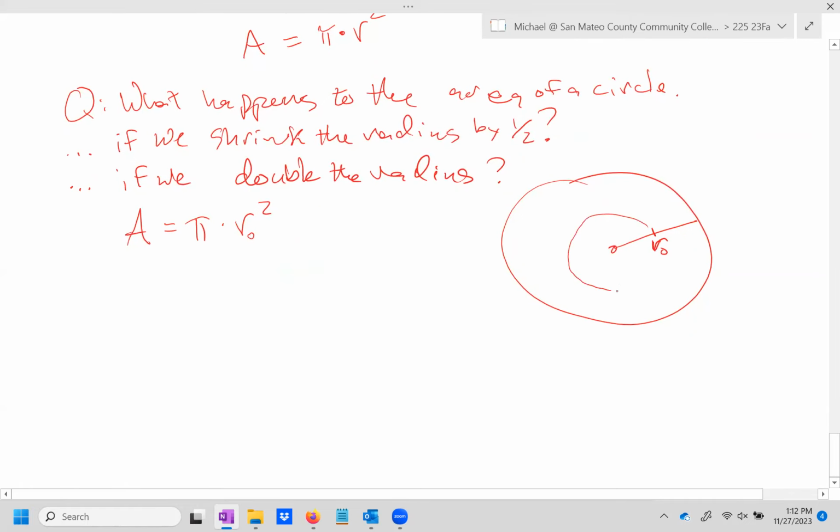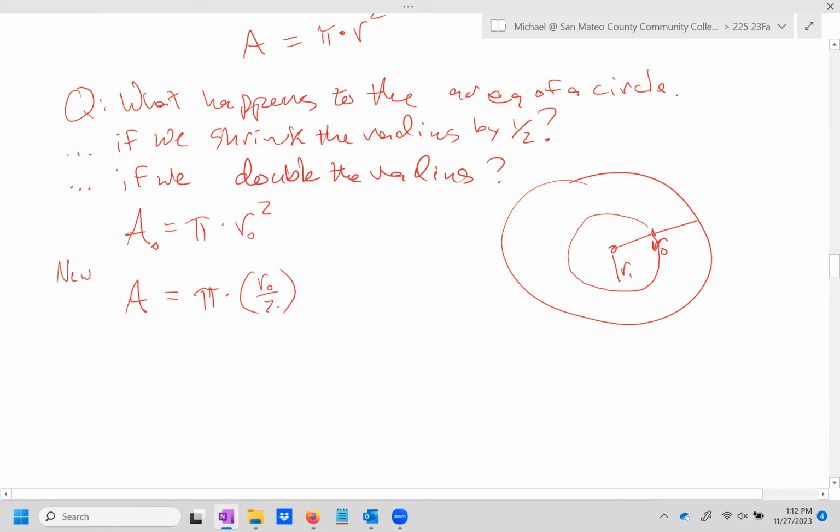So now I'm going to make my new radius, that one's going to be r1, okay? How does the r1 relate? Okay, so this is my original one. Now I'm going to call that A0, the original area. New area, what happens to my new area? It's going to be pi times, what am I doing? How did I get r1?